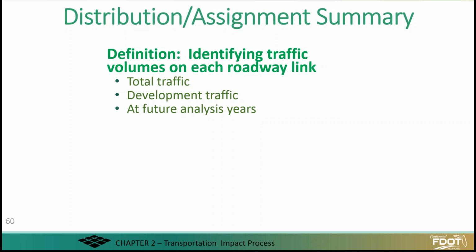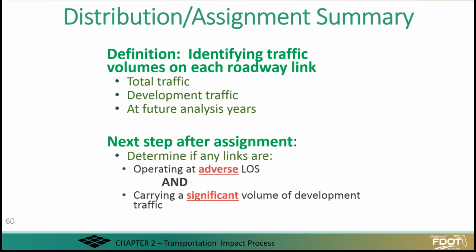Development traffic is that traffic specifically emerging from the site. It is a direct result of that ITE trip generation, or what you want to capture by that ITE trip generation, and it's specifically the traffic coming from the development. And development at future analysis years.